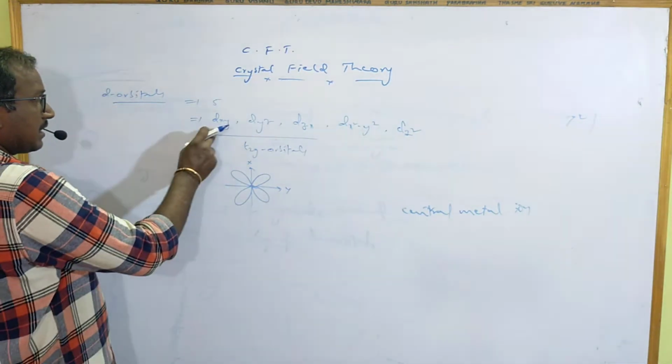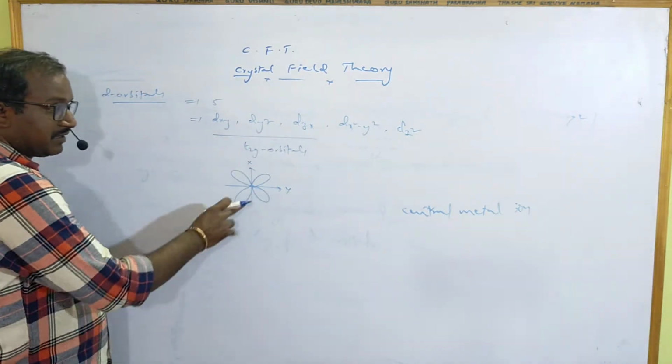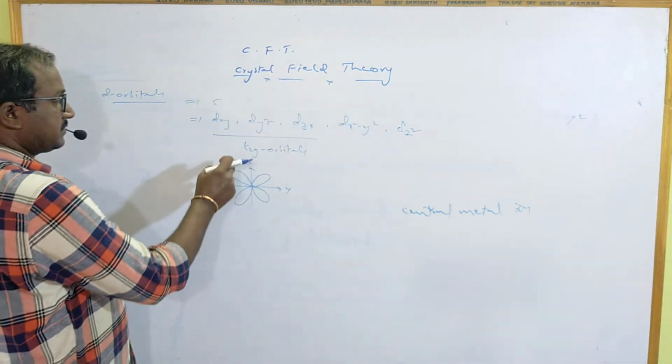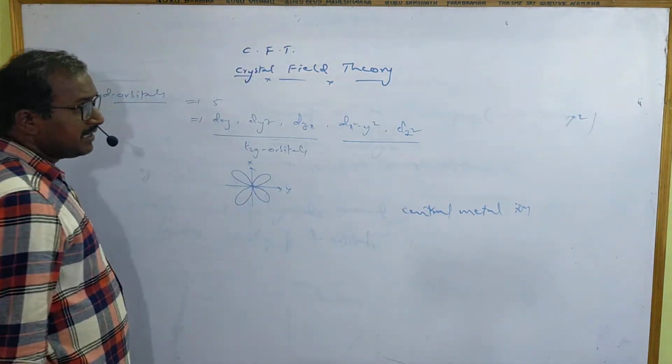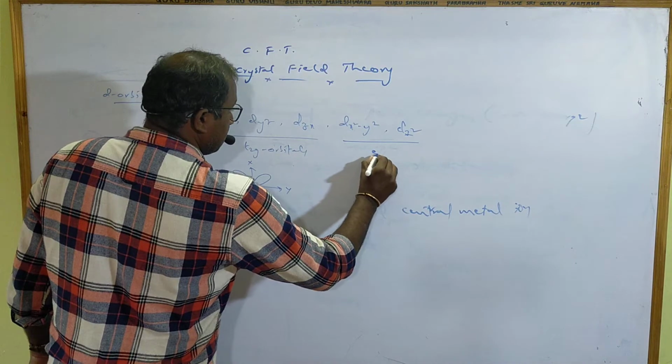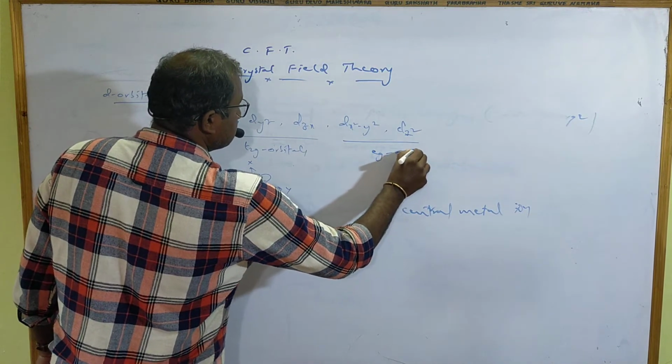So these 3 orbitals are oriented between the axes, and therefore they are called t2g. And these 2 orbitals are called eg orbitals.